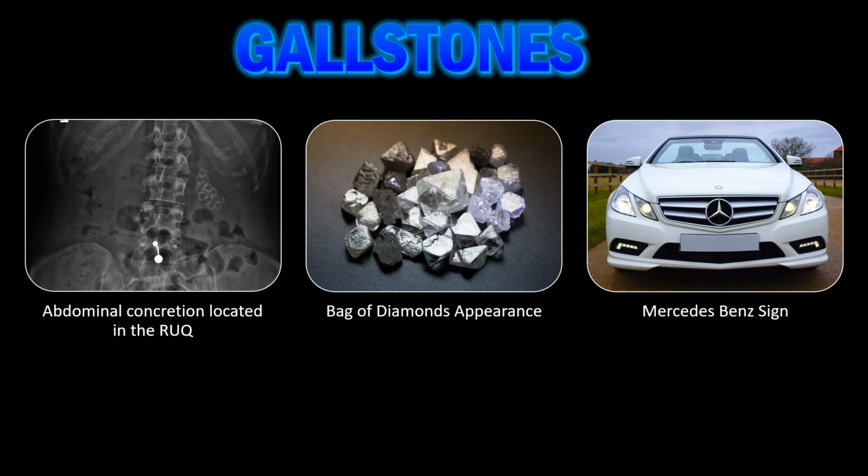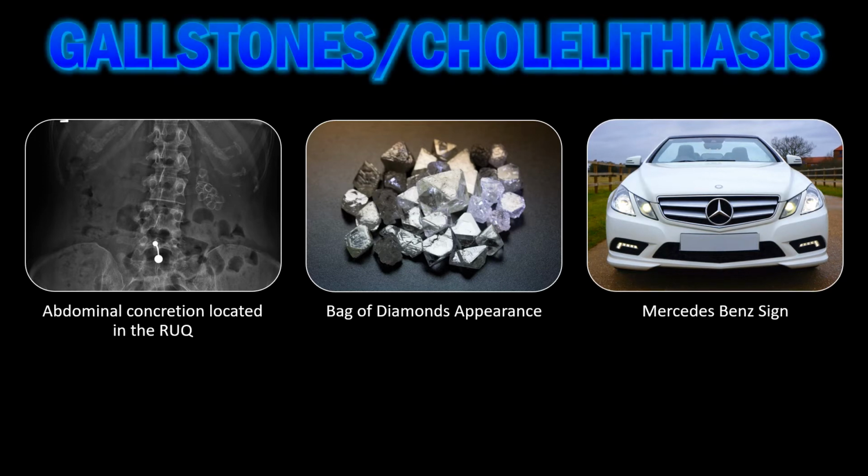And then lastly is the Mercedes-Benz sign. The Mercedes-Benz sign is in reference to the middle portion of a gallstone, how it has a tri-radiant lucency inside of it. And for the life of me, I've never seen this, but it is something to know. And don't forget, cholelithiasis is synonymous for gallstones.